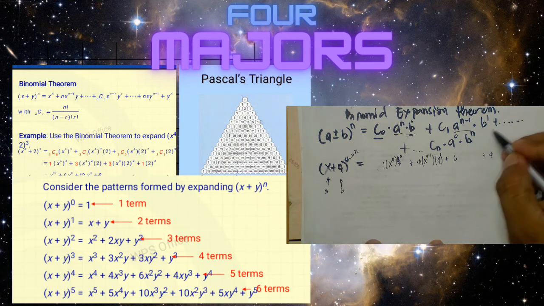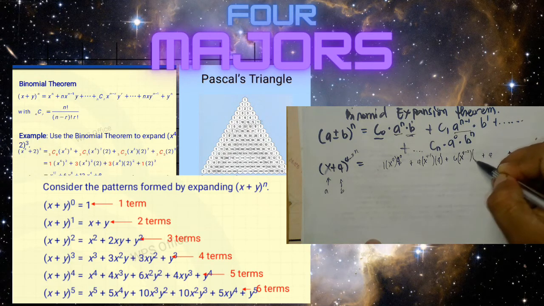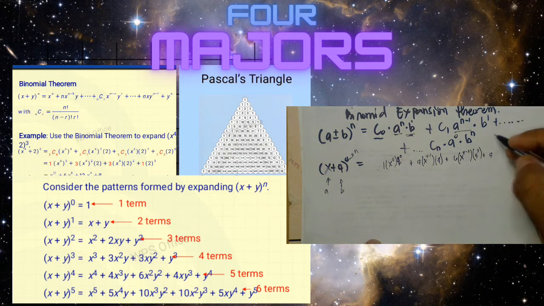So plus this one, 6 times x raised to the n minus 2, alright, times b squared, which is 4 to the power of 2, and then times x raised to the 4 minus 3, alright, so times b to the power of 3, which is 4 to the power of 3, plus b to the power of 4, which is 4 to the power of 4.